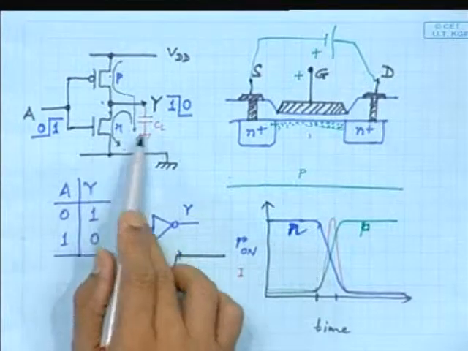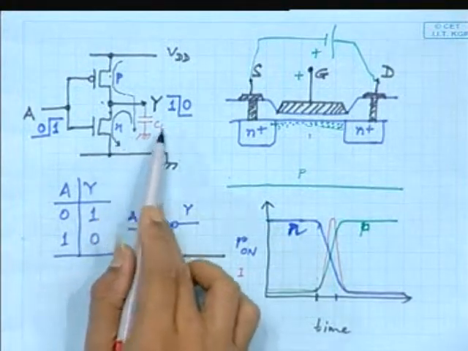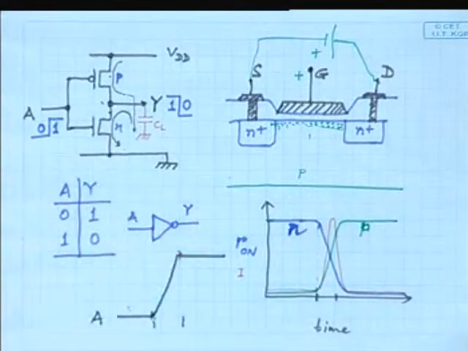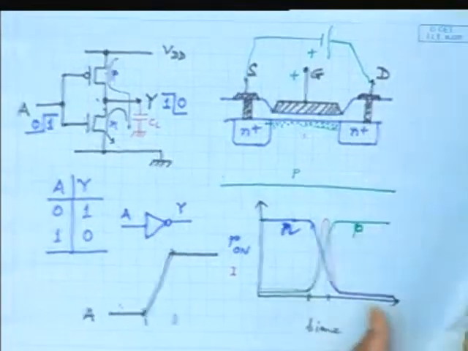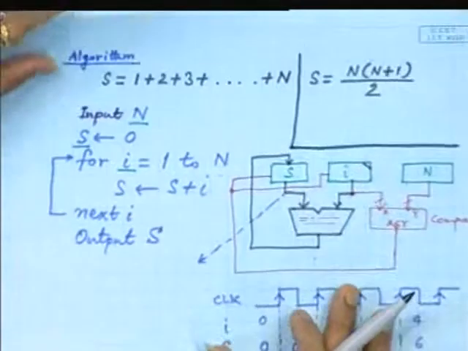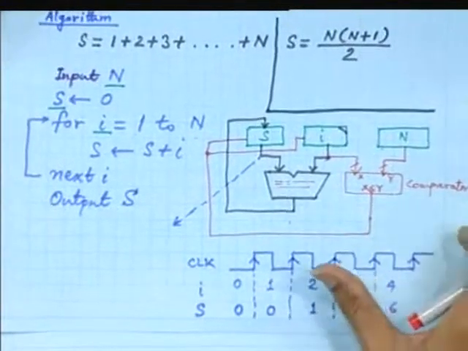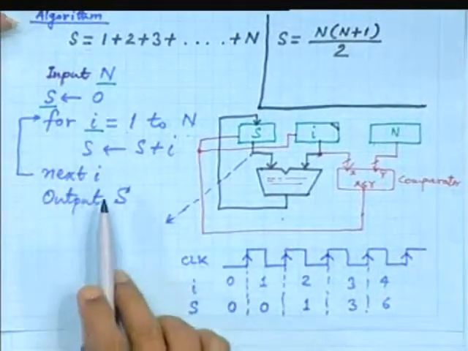If resistance is high, it will take more time to discharge. Similarly, if capacitance is high, once again it will take more time to discharge. So if it can discharge very quickly, then we can have quite high speed, but it depends on the actual technology. We do not have much control on that at this higher level, that is the architectural level.